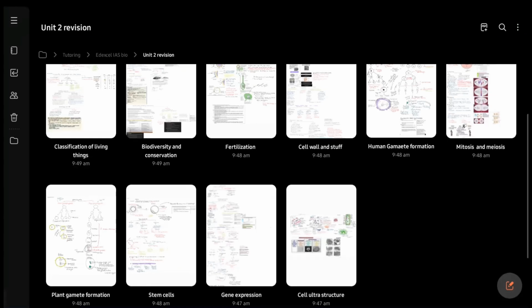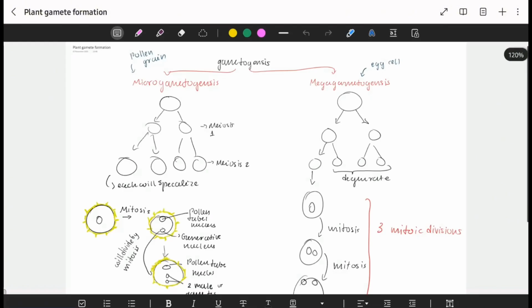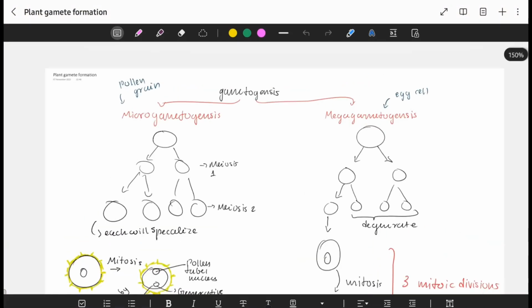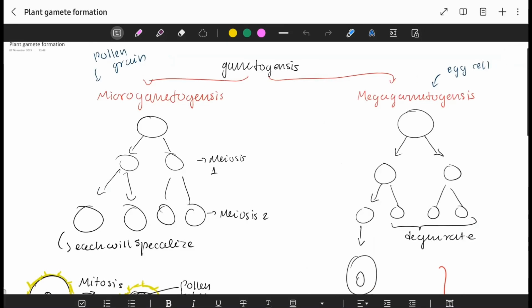So let's discuss plant gamete formation. We know gametogenesis forms two things, microgametogenesis and megagametogenesis. Micro is for the pollen grain, mega is for the egg cell.